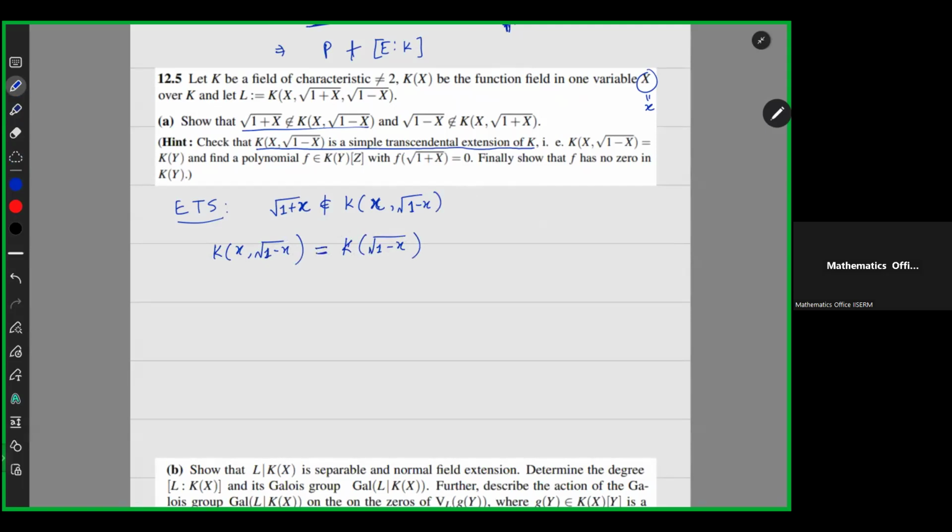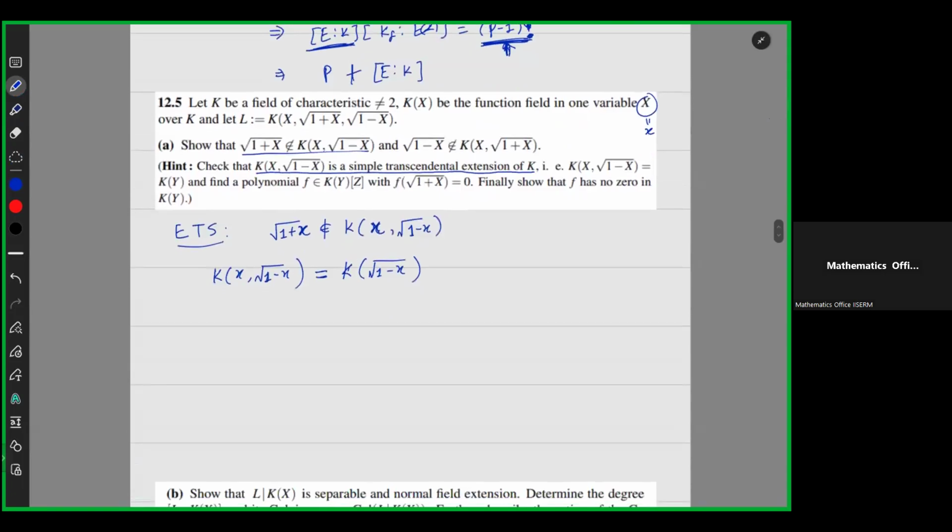This might not look trivial to you, but it is very simple. We just need to show that x belongs to it. This part is trivial. This part we want to check, and all that we need to check is whether x belongs to this side or not.